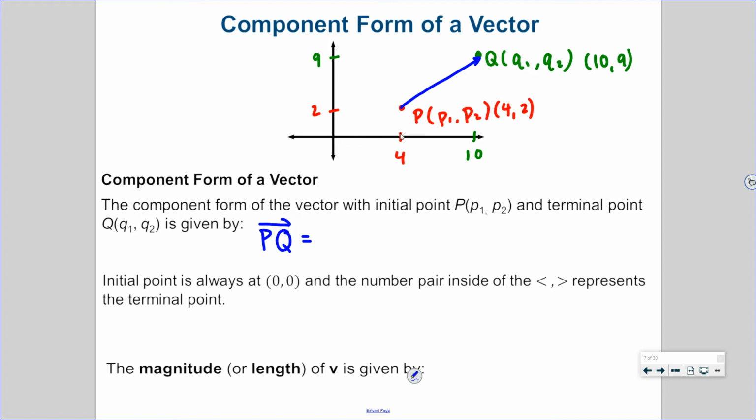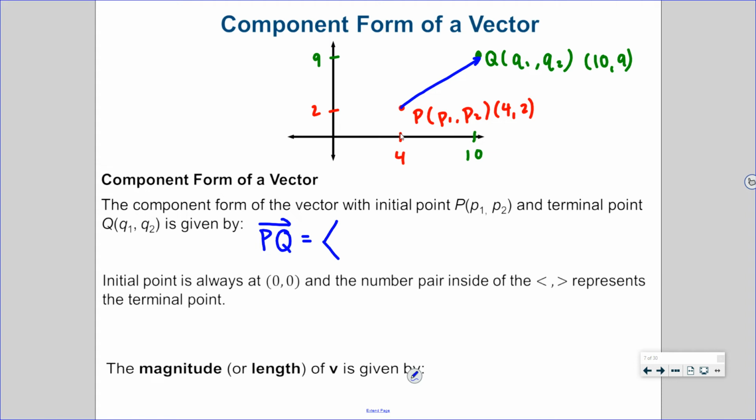It looks similar to an ordered pair, but it's not the same as an ordered pair. The reason it's called component form is we want to list the horizontal component of this vector and the vertical component. How we find that is we find the difference between their x-coordinates and the difference between these y-coordinates.